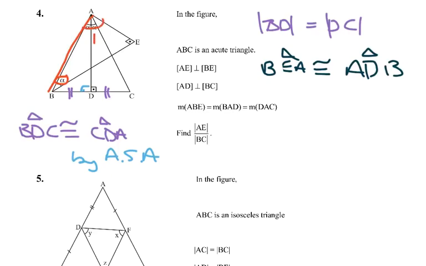Because we know this must be beta here, and in the same way we must have beta here. So if they're congruent, that means that AE must then be equal to BD and equal to DC. So AE divided by BC must be 1 over 2.